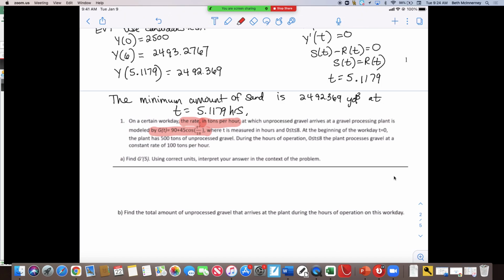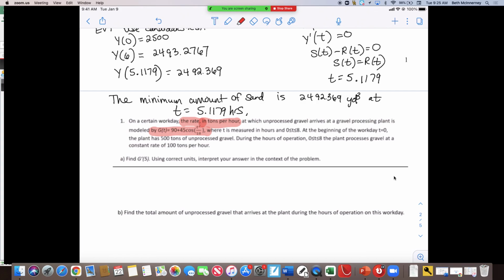And T is measured in hours, and T is a closed interval from 0 to 8. At the beginning of the workday, T equals 0. The plant has 500 tons of unprocessed gravel. During the hours of operation, the plant processes gravel at a constant rate of 100 tons per hour.